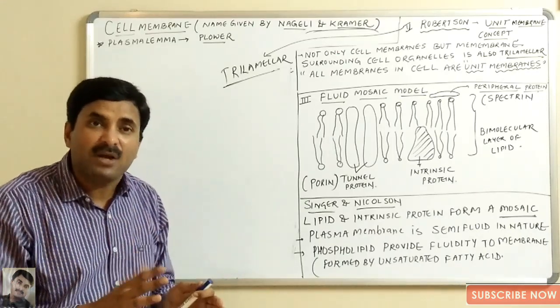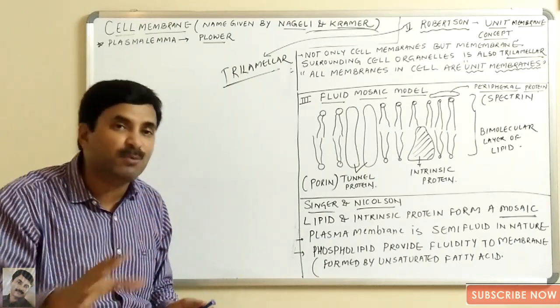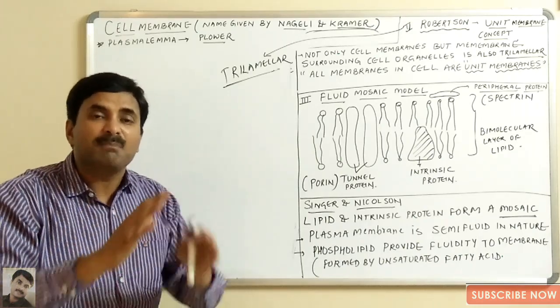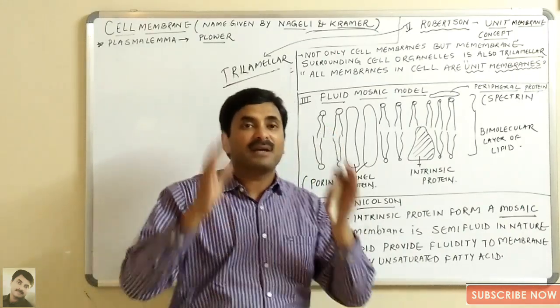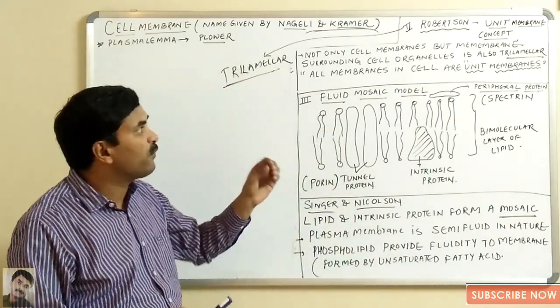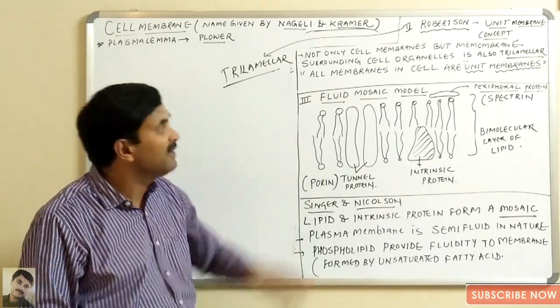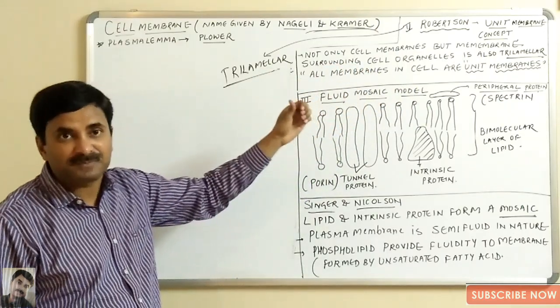All the organelles, whether it is the mitochondria, the Golgi body or the endoplasmic reticulum, are surrounded by the same kind of membranes. The nature of all the membranes found in the cell is similar, and therefore for all the membranes present in the cell, he gave the concept of the unit membrane.